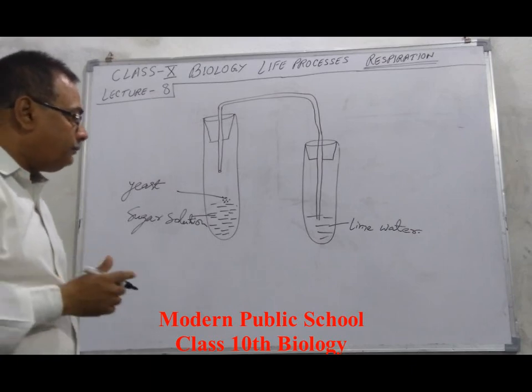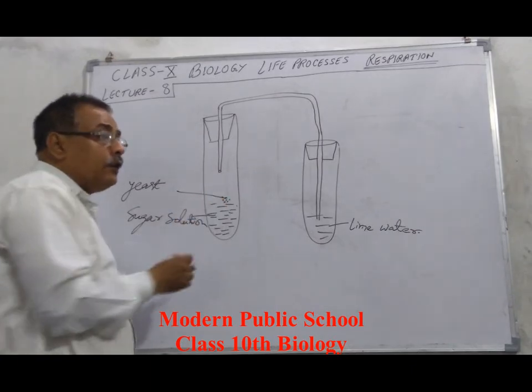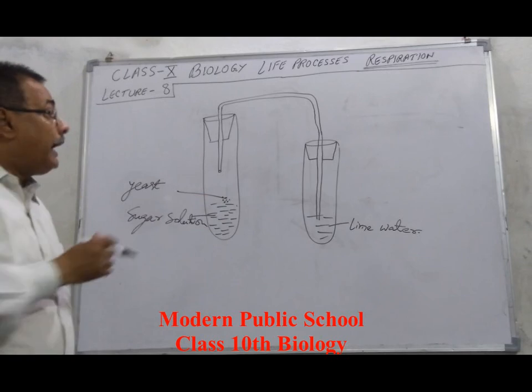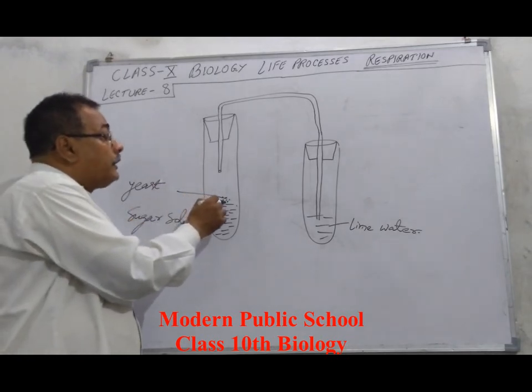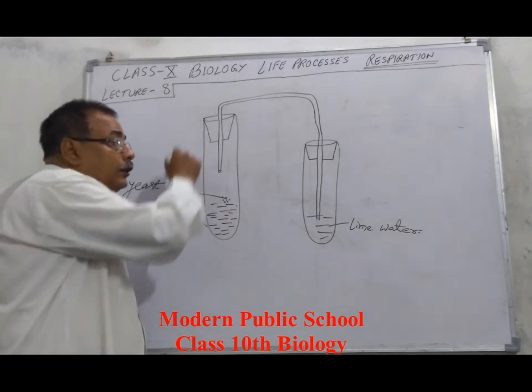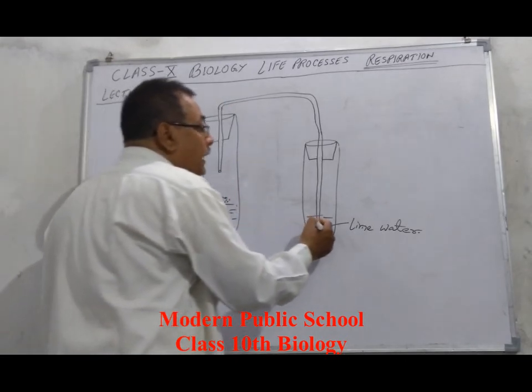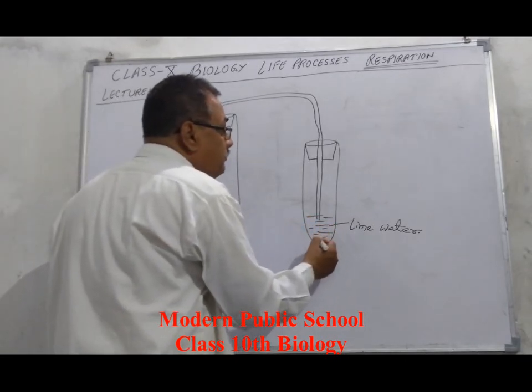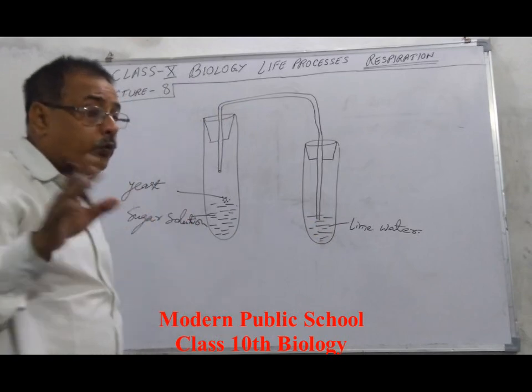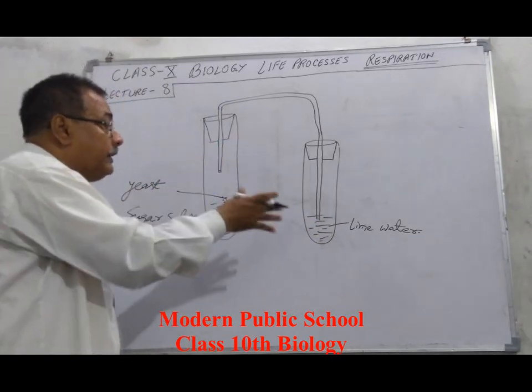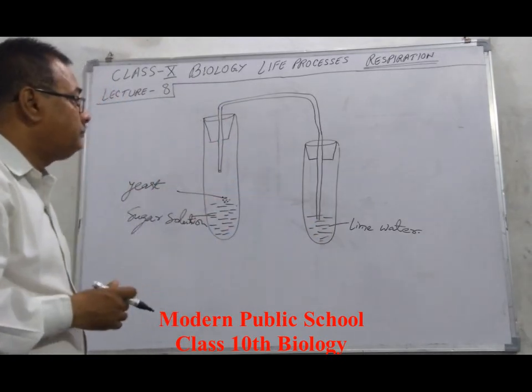What will happen? The yeast cells will respire here and produce carbon dioxide, and due to this carbon dioxide the lime water becomes milky, but not as fast as we have seen in the previous experiment.